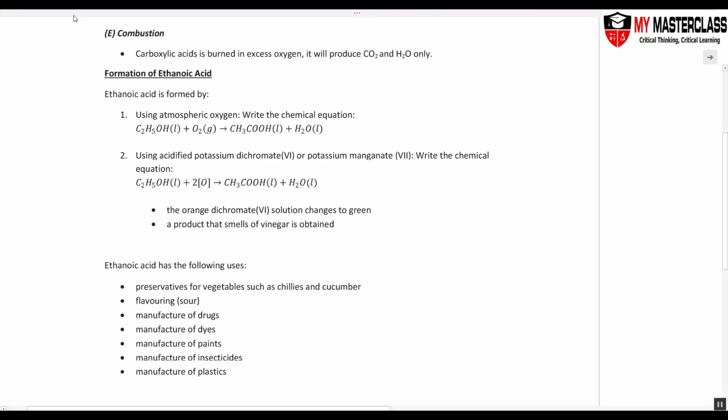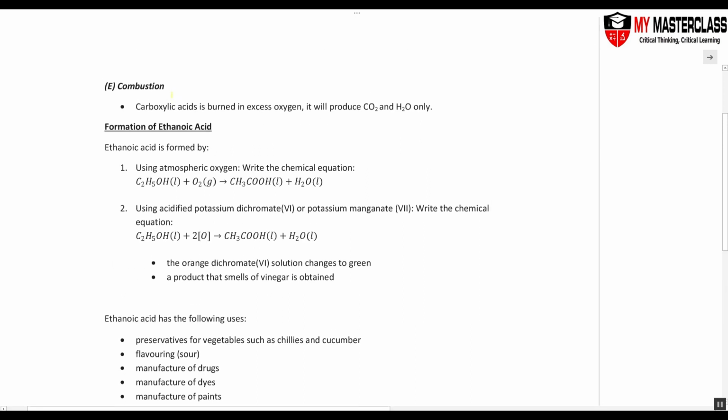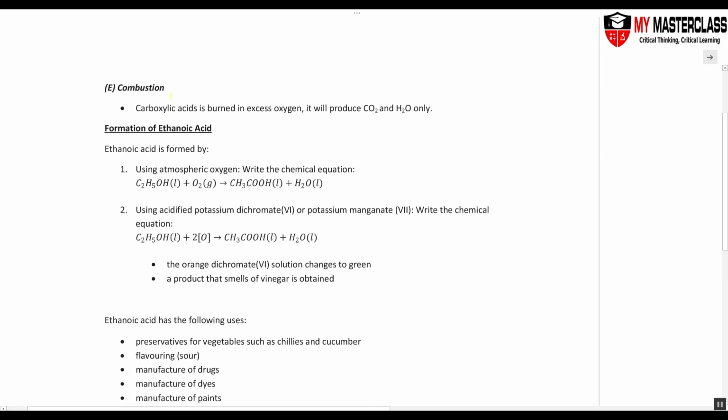Apart from forming esters, what other reactions does your carboxylic acid undergo? Apart from the metal, carbonate and acid-base reactions, it also undergoes combustion. Carboxylic acid burns in excess oxygen to give you CO2 and H2O only. This is your standard understanding: combustion gives you CO2 and H2O. Then how do we form ethanoic acid?